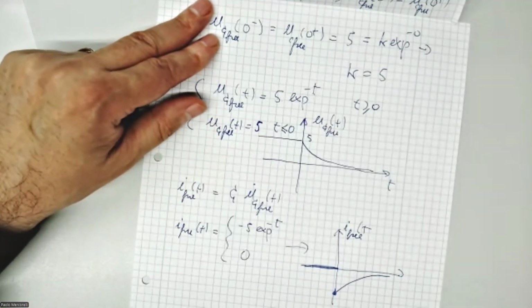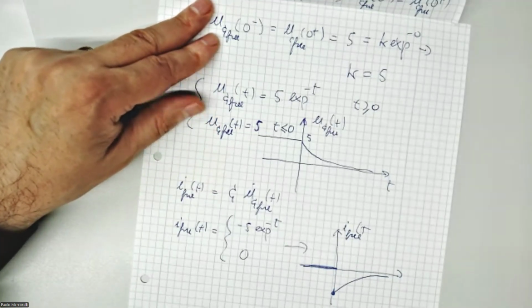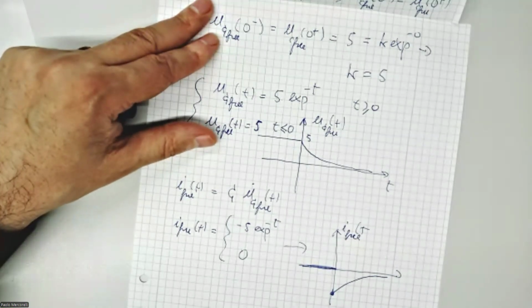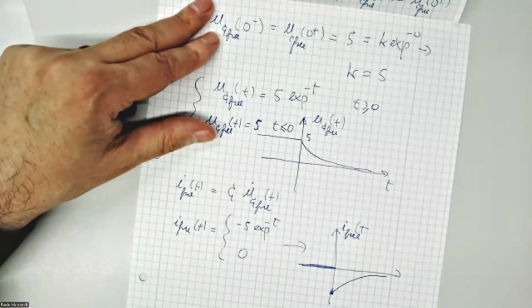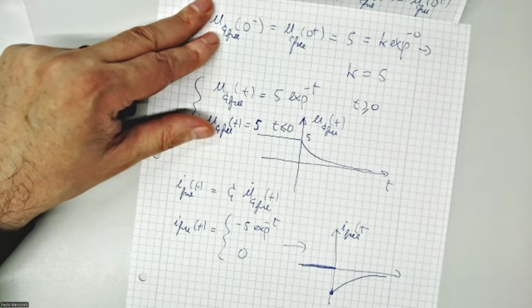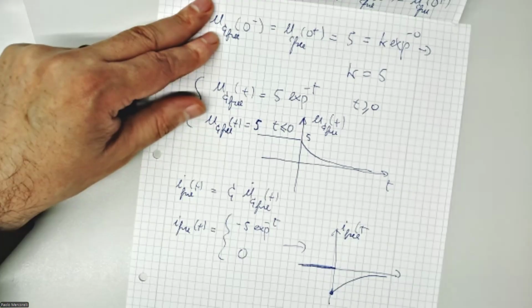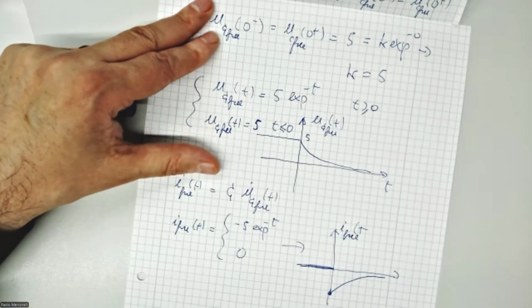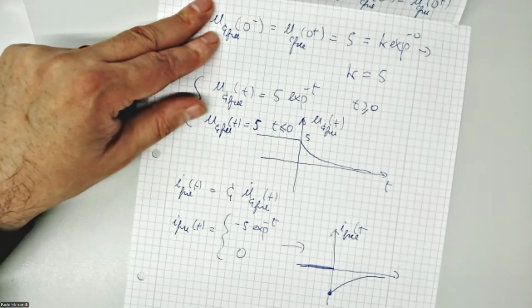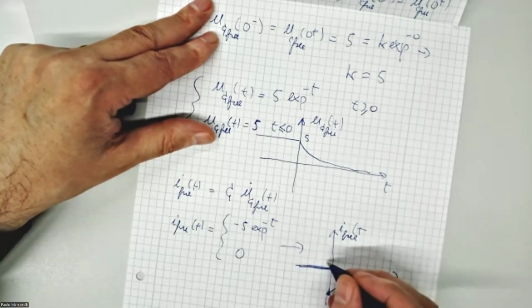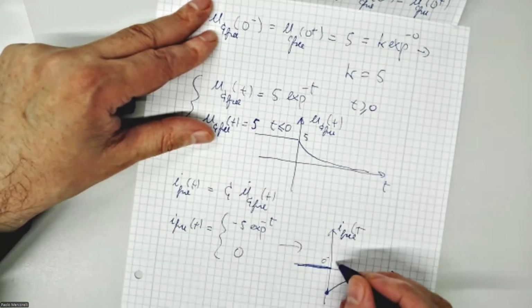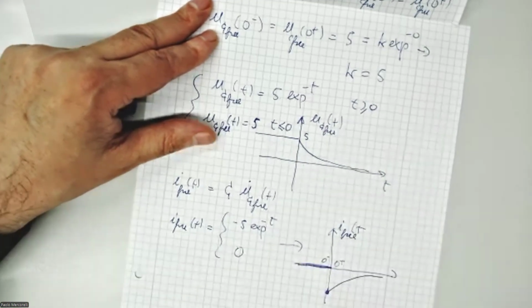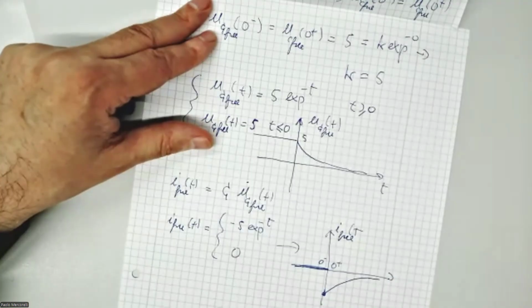We can see that we have the difference between 0 plus and 0 minus in terms of current.